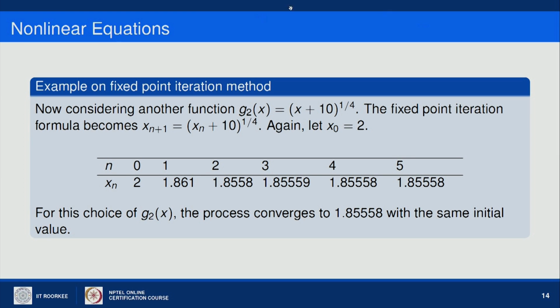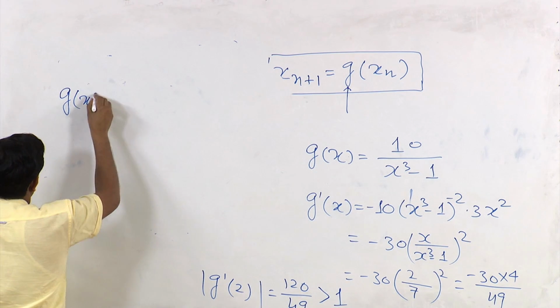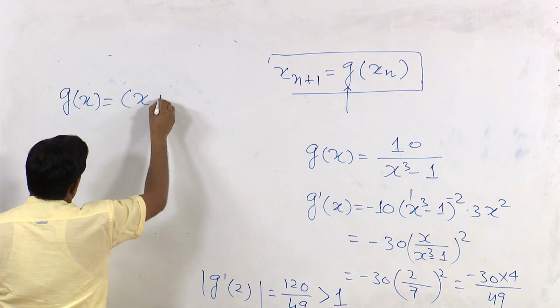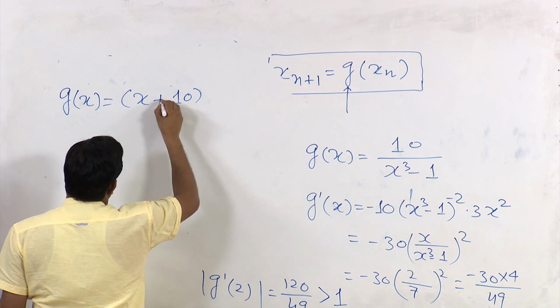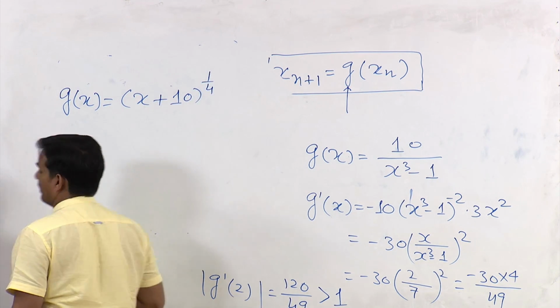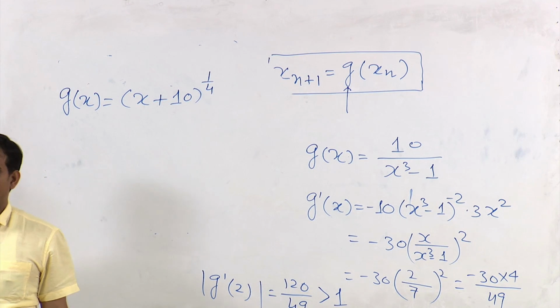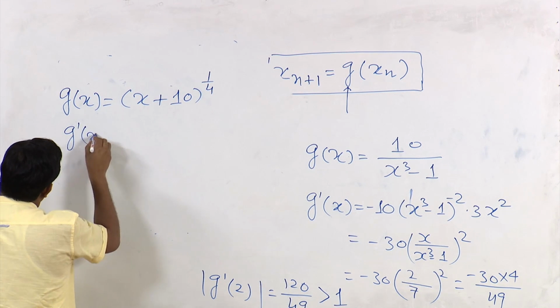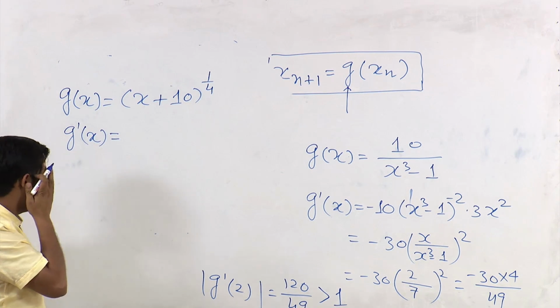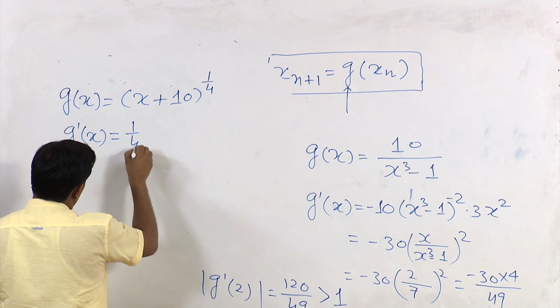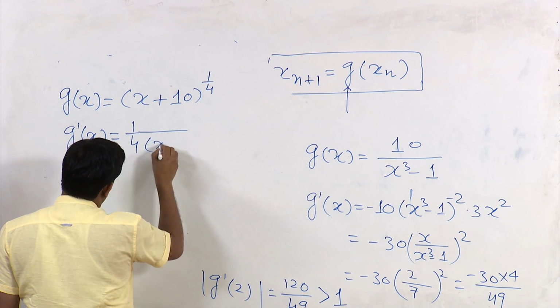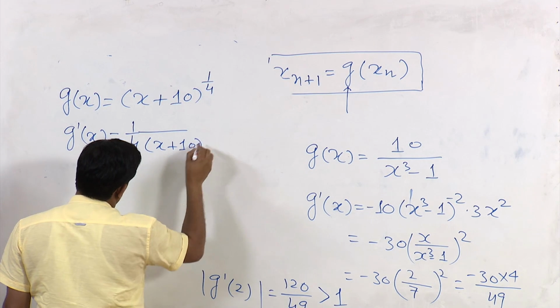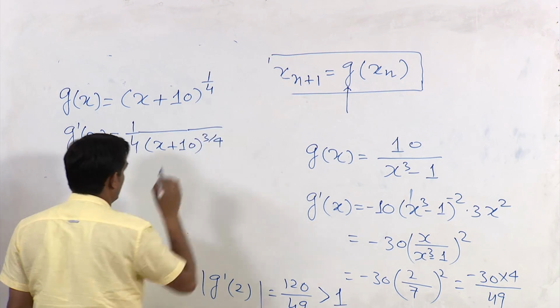And this is happening because if you calculate for this particular choice of g x, here I am taking g x as x plus 10 raised to power 1 upon 4. So, here g prime x will become 1 upon 4 into x plus 10 raised to power 3 by 4.